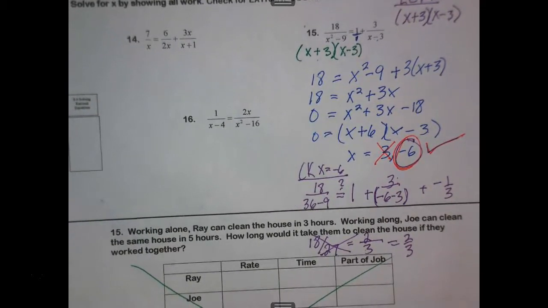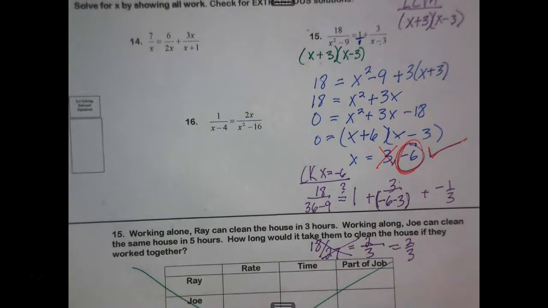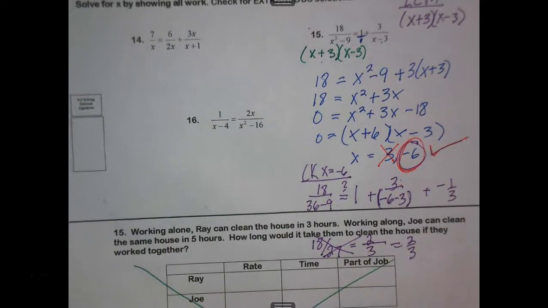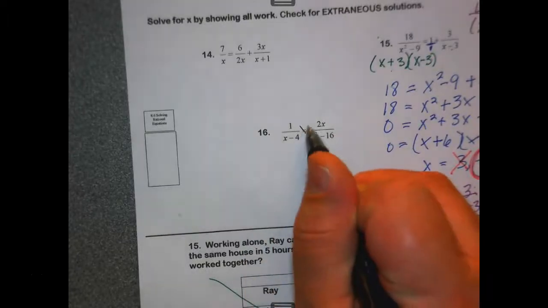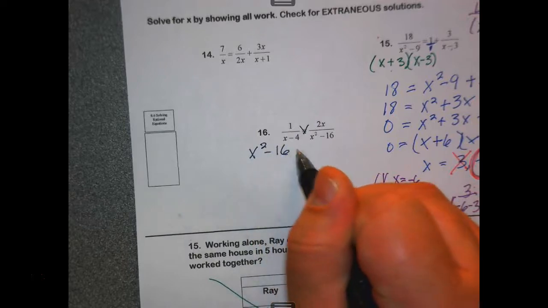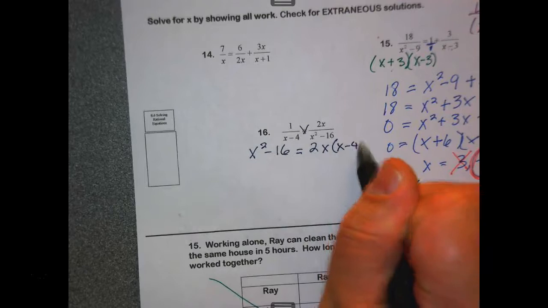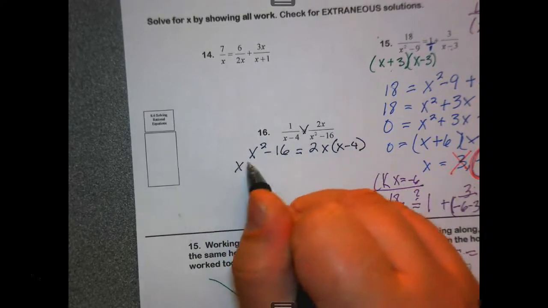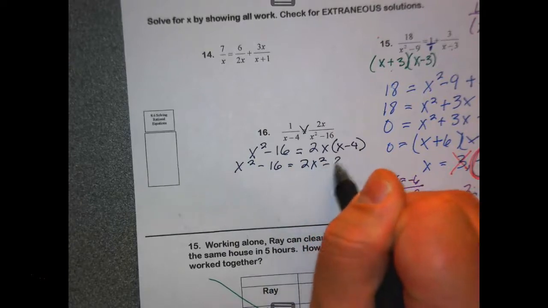Let's do 16 real quick. Easy. You know why? Because it's a fraction equal to a fraction. What do we do? Cross multiply, yep. 5x squared minus 16 equals 2x times x minus 4. x squared minus 16 equals 2x squared minus 8x.